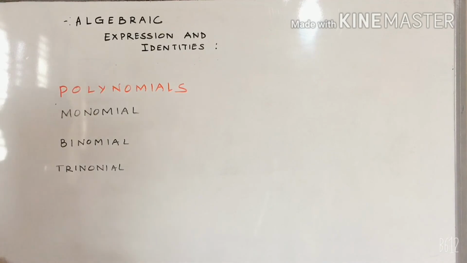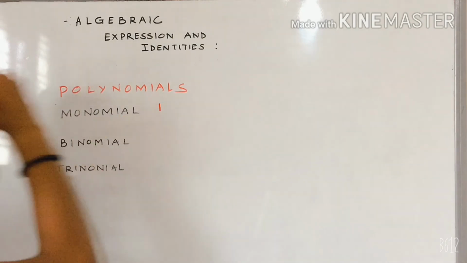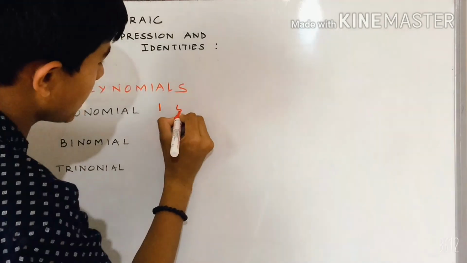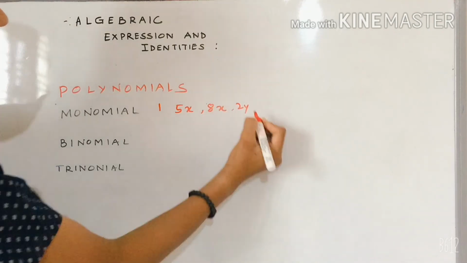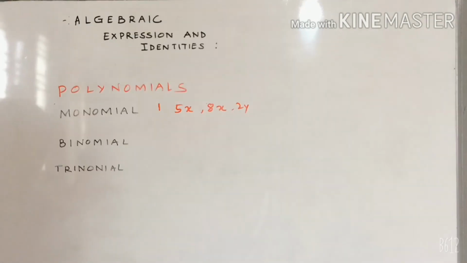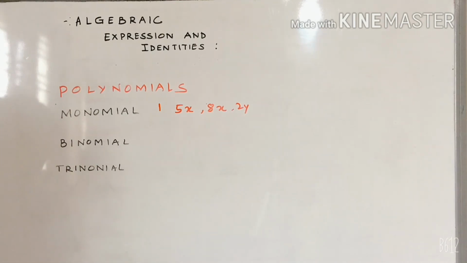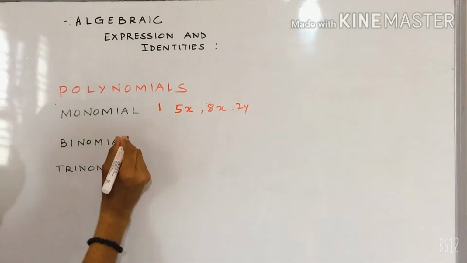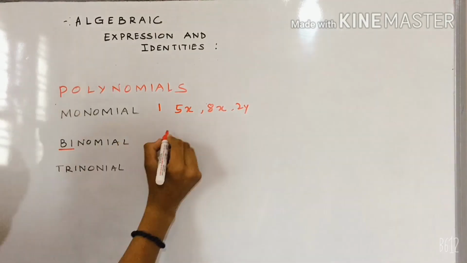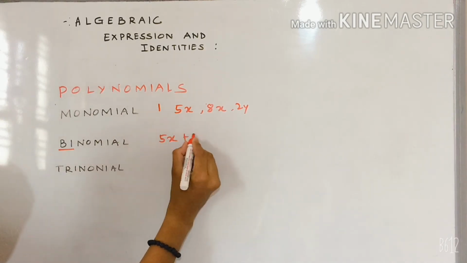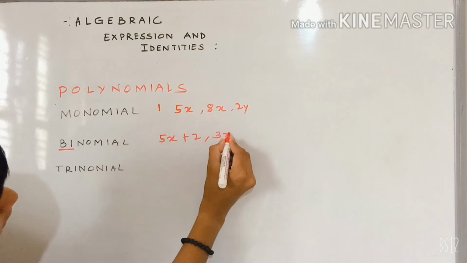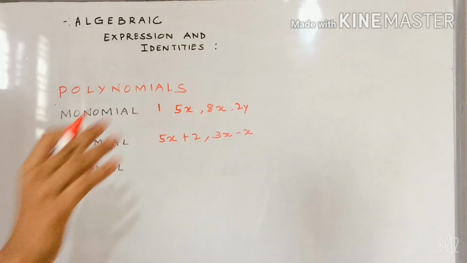First, a monomial is an algebraic expression or a polynomial which has only one term. For example, 5x, 8x, 2y and others. A binomial is a polynomial that has two terms. By the prefix bi, you can infer that it has two terms, like 5x plus 2, 3x minus x, and others.